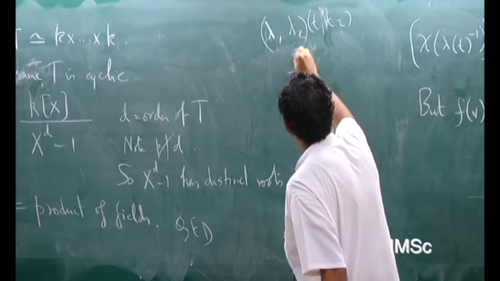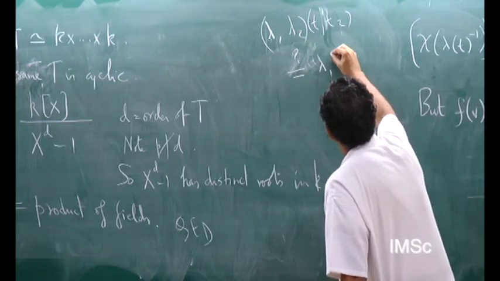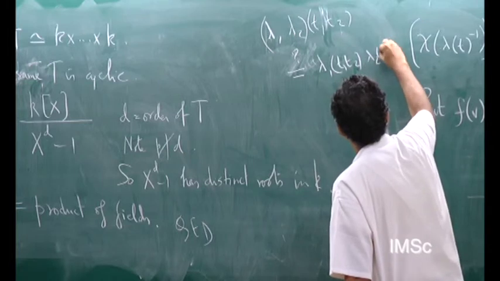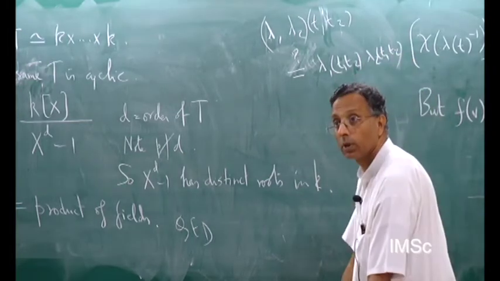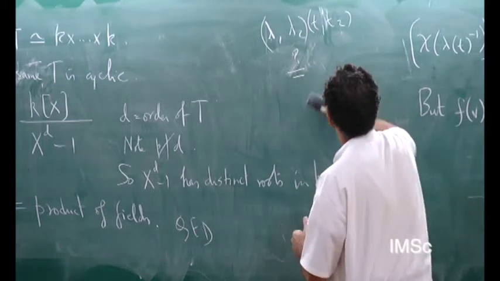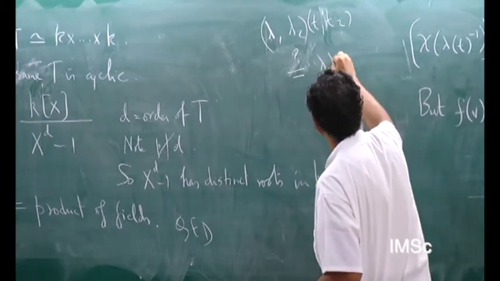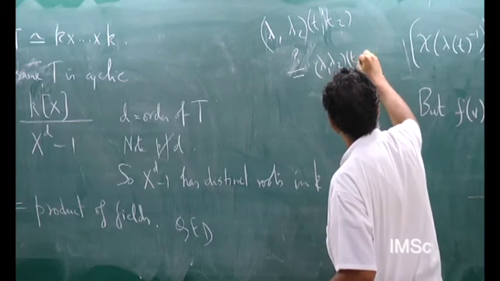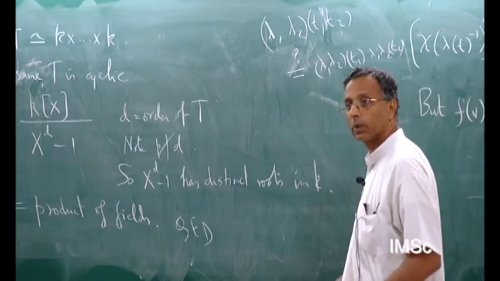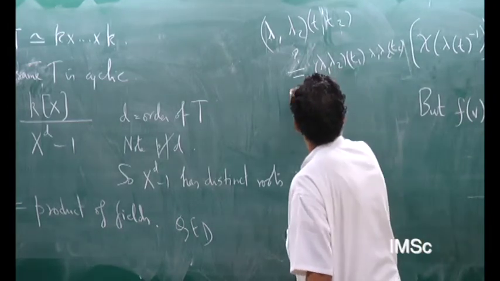So, we want to check whether this is lambda 1 of T1, T2 times lambda 2 of T1, T2. Check that lambda 1, lambda 2 of T1 times lambda 1, lambda 2 of T2. Okay, this will be a problem. Why?